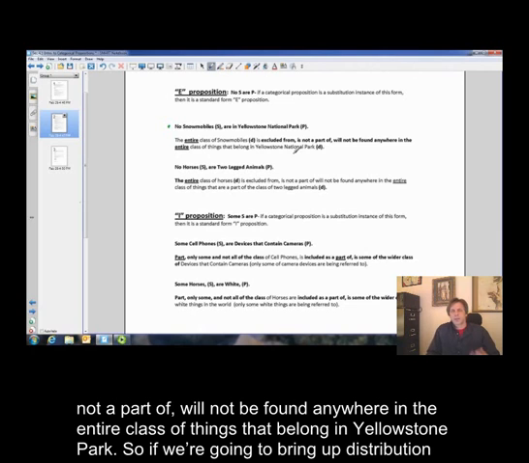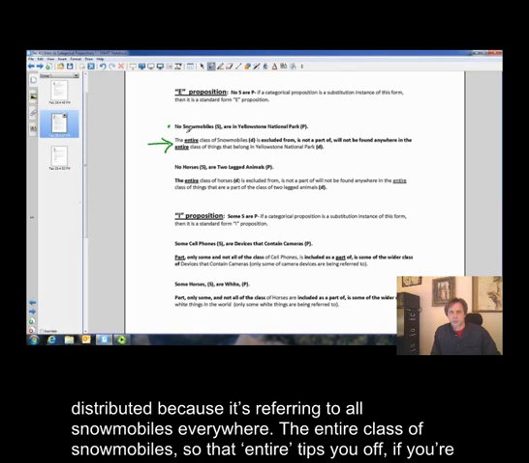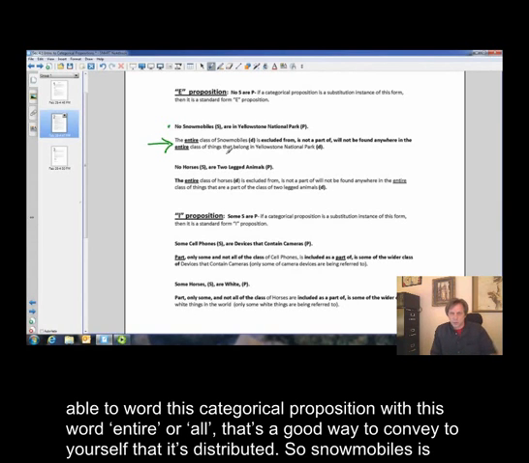So if we're going to bring up distribution again, remember, pay attention to my overly wordy sentences here. When it says no snowmobiles, that term is distributed because it's referring to all snowmobiles everywhere, the entire class of snowmobiles. That tips you off: if you're able to word this categorical proposition with the word entire or all, that's a good way to convey to yourself that it's distributed.